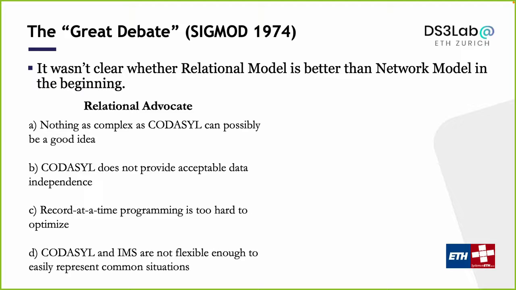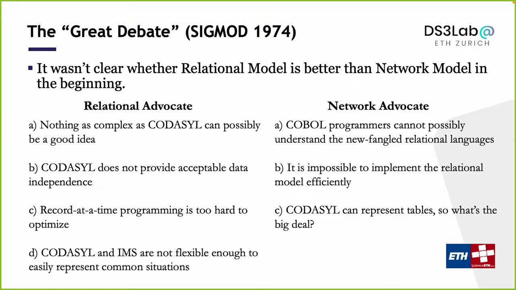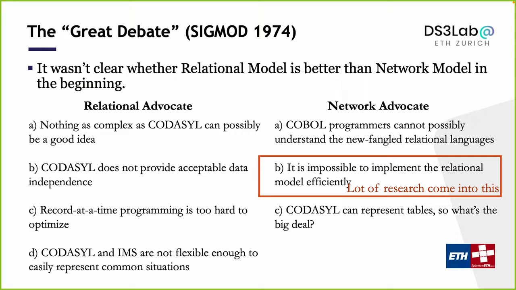So on the relational model side, there are a lot of people like that, okay? For a whole bunch of reasons, right? And then on the network model side, there are also a whole bunch of people like that. So one of the arguments for the network model is in the relational model, you are assuming the system can optimize the performance automatically, and people imagined that's super hard to do.